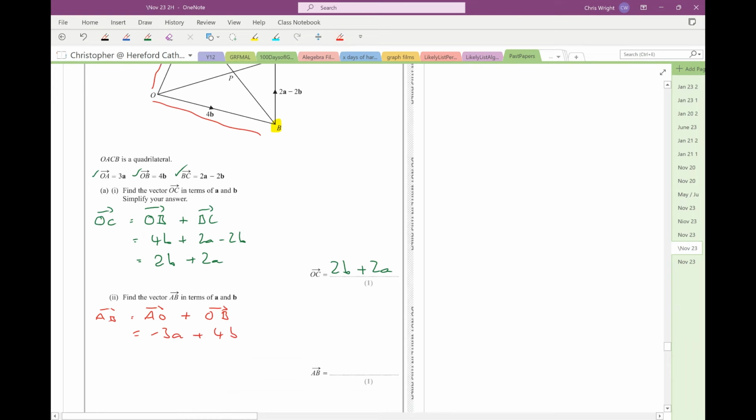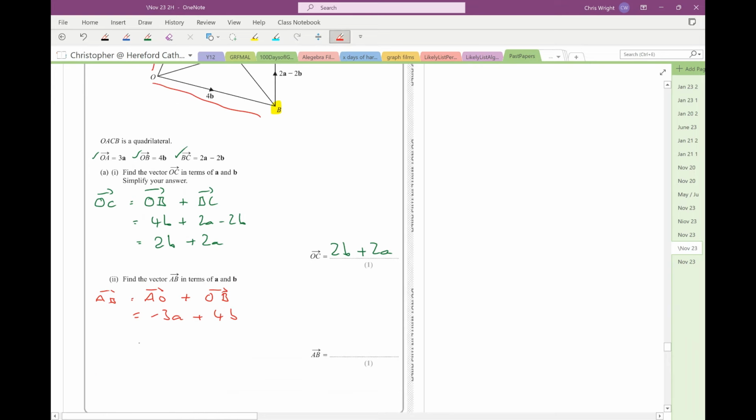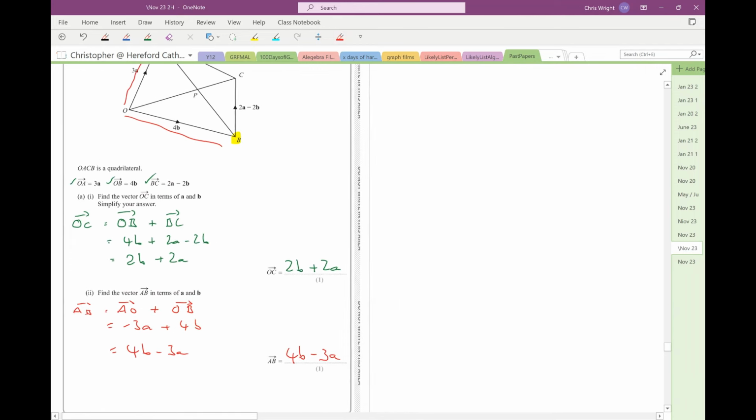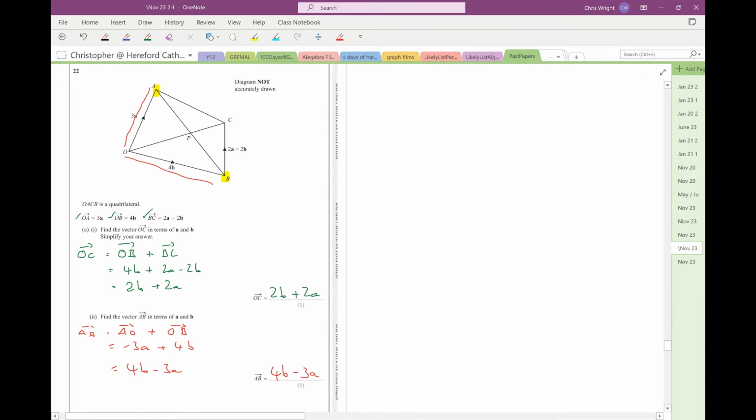So I'm going to write that as 4B minus 3A, not that it matters which way round you write it. So that is part A of question 22.